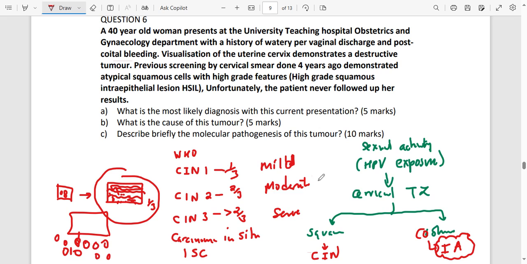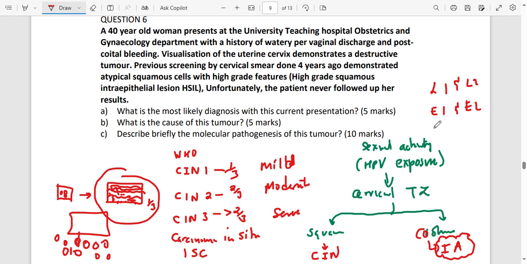And then the HPV has structures on it, L1 and L2. These help the HPV attach to the cervical epithelium. The HPV also has E1 and E2. E1 and E2 help the HPV start replicating.